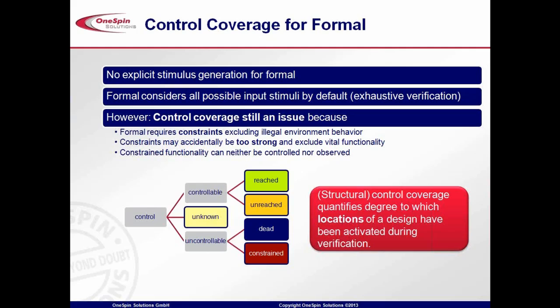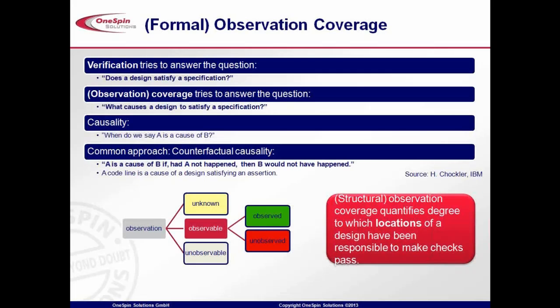If the line is uncontrollable, we can have some dead code or redundant code, so the tool will tell you even that the line is dead or redundant. Or the worst scenario is that you will have a line which is constrained out. So the developed constraint set really excludes that part from the verification. You can never get there with your assertion set. And that's basically the whole story about the controllability.